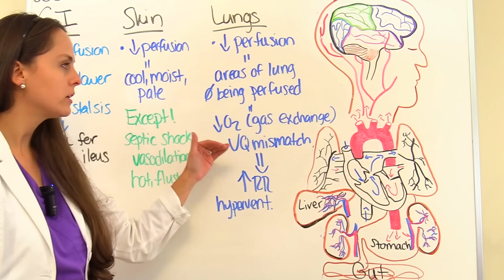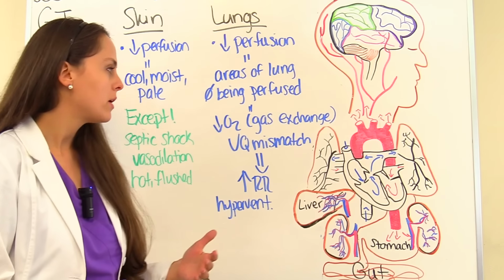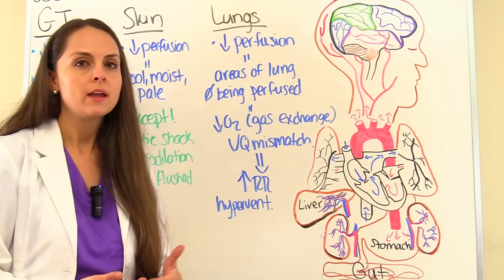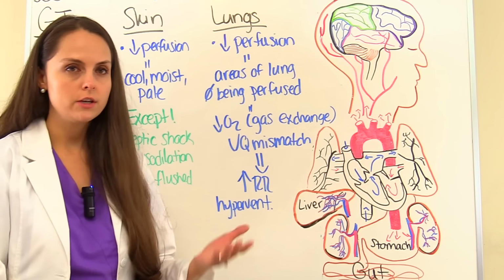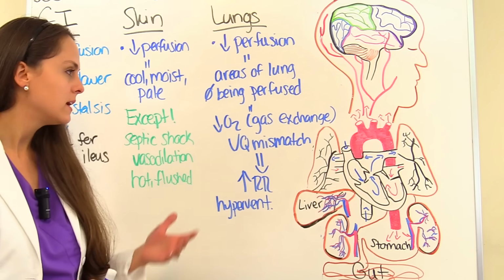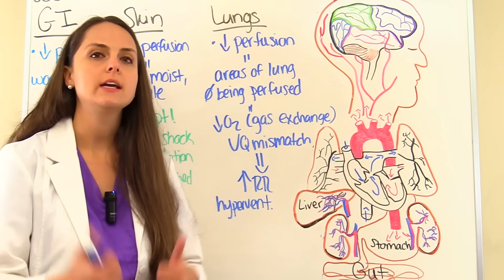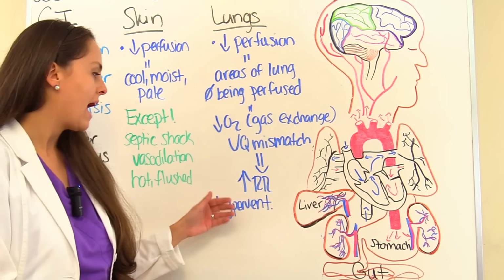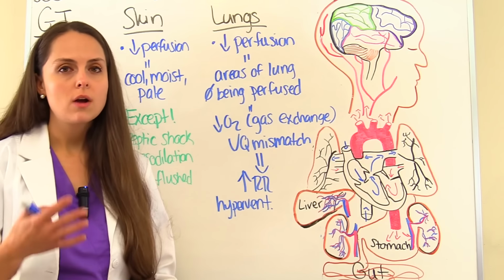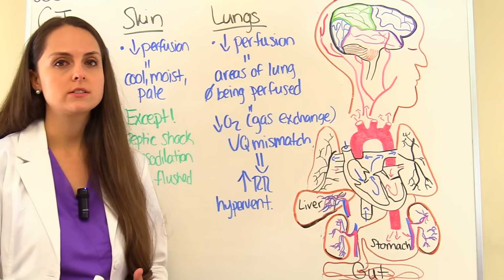So you get decreased oxygen level in the body. You're going to get a ventilation perfusion mismatch, which is a VQ mismatch. And what the body's going to try to do is increase the respiratory rate, have hyperventilation, trying to increase that oxygen level.